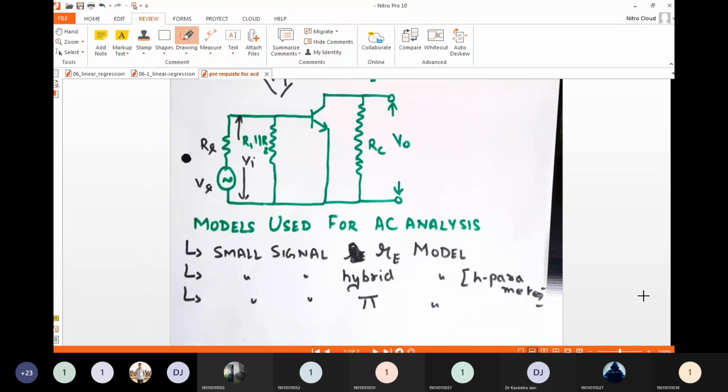The first category is the small signal re model. The second one is the hybrid model, which is basically the H parameter model. And the third one is the pi model. Now, before I move further, I would like you to answer a few of my questions.